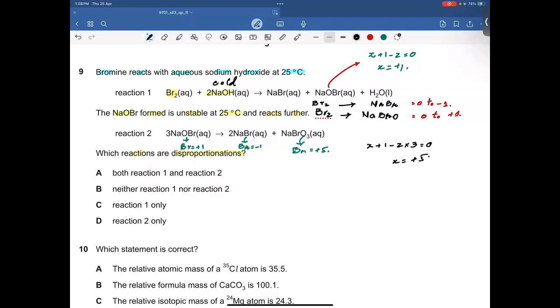Again, bromine is reduced and simultaneously oxidized, which means reaction 1 and reaction 2 are both disproportionation reactions, so A is the right answer. And why both? Because bromine is reduced in this conversion, and simultaneously bromine is oxidized in this conversion. Same here: bromine is getting reduced and bromine is getting oxidized. So bromine technically exists in two different oxidation states in the same reaction, which is why both are disproportionation reactions.